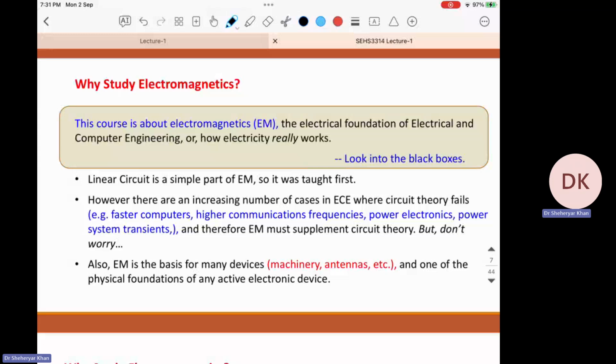But in actual practice, things are quite different, especially when you move to high frequency, or when you change the energy or the intensity of your signals. For example, in computers, we have hard drives that use magnetic tapes to store data. We have communication between devices based on high frequency.